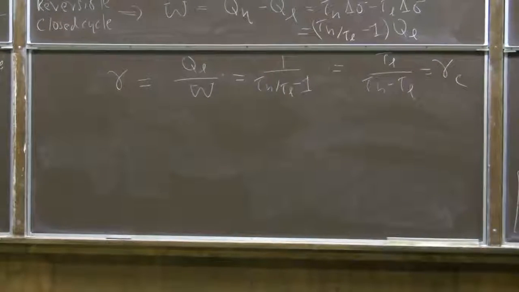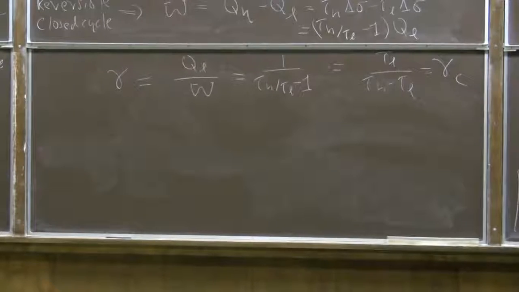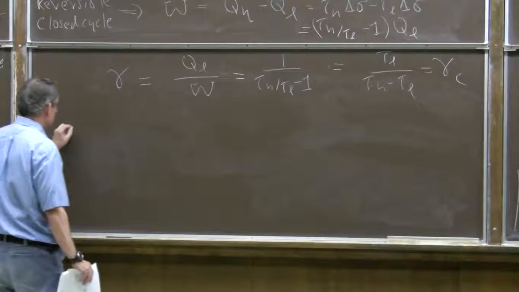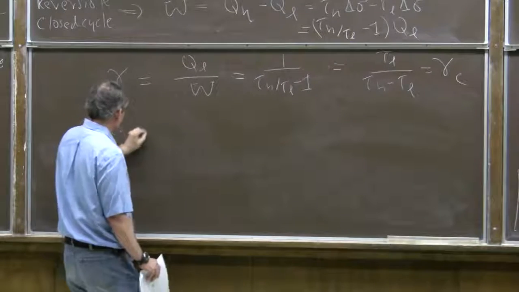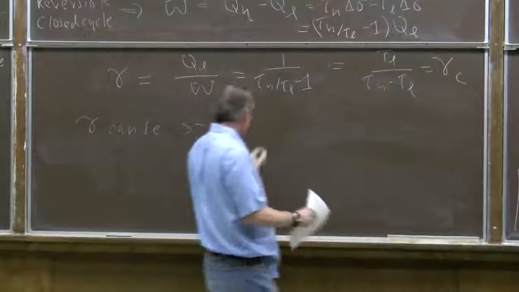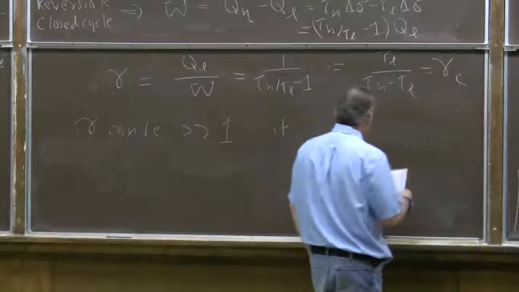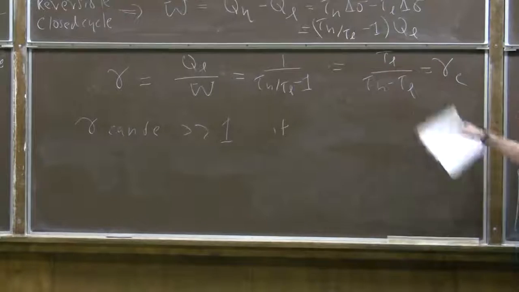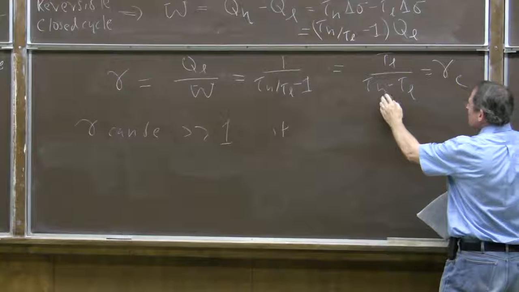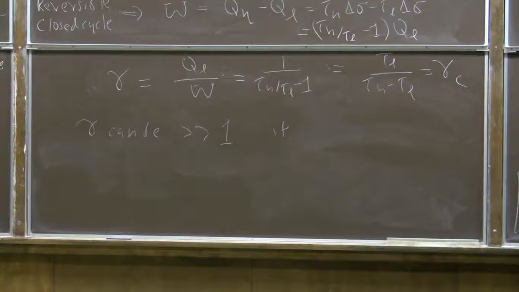Now, unlike eta, the efficiency of a heat engine, gamma can be large compared to 1, if the difference between the high and low temperatures is small compared to the value of the low temperature on the Kelvin scale, the absolute temperature scale.